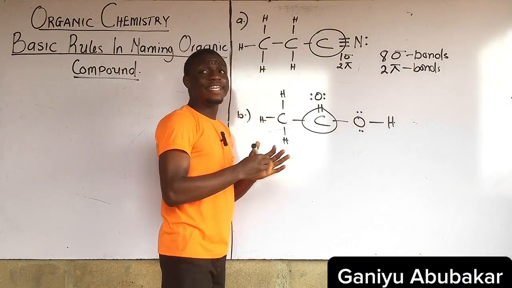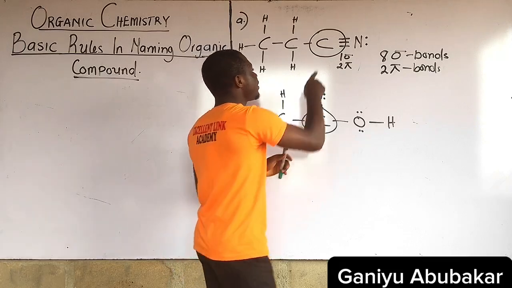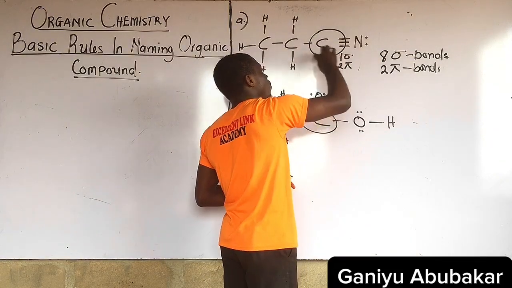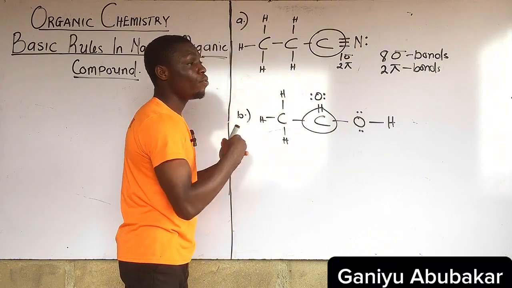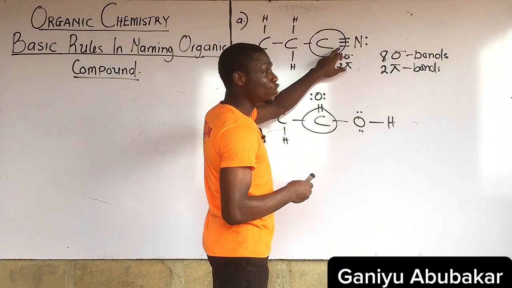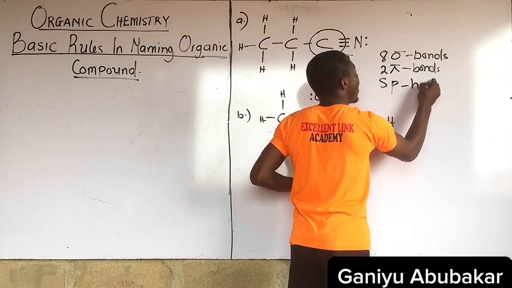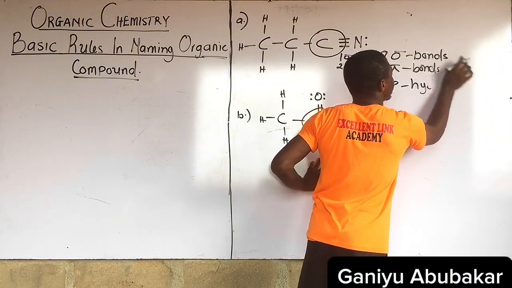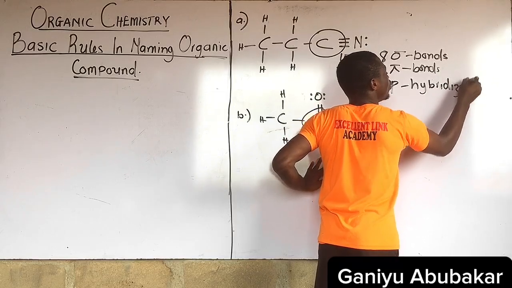Now we are told to find the hybridization pattern of the highlighted carbon. This carbon here is the functional group, the highlighted carbon. For a triple bond, what's the hybridization pattern? A triple bond is an alkyne, so this is sp hybridization.